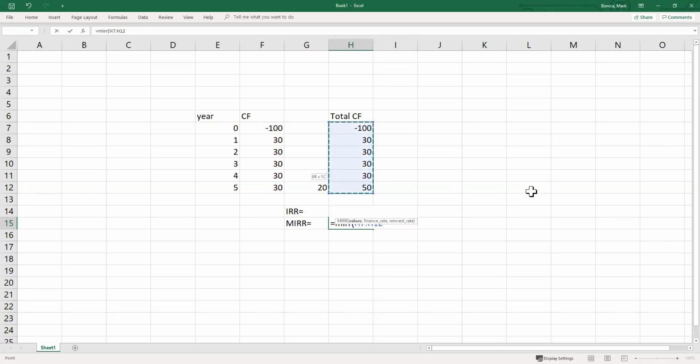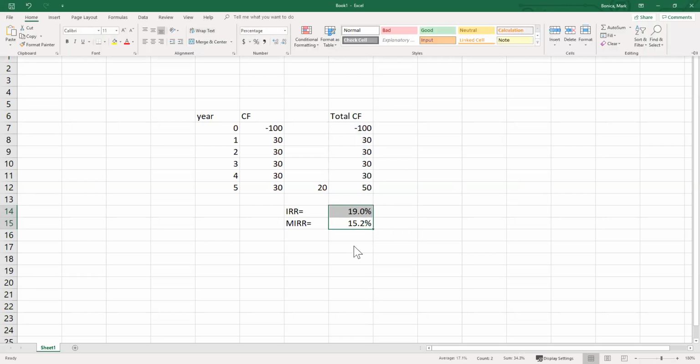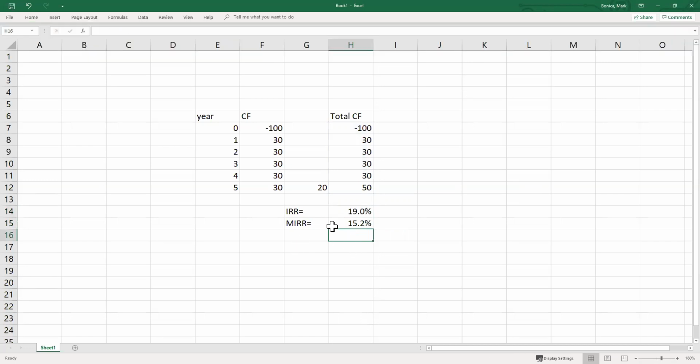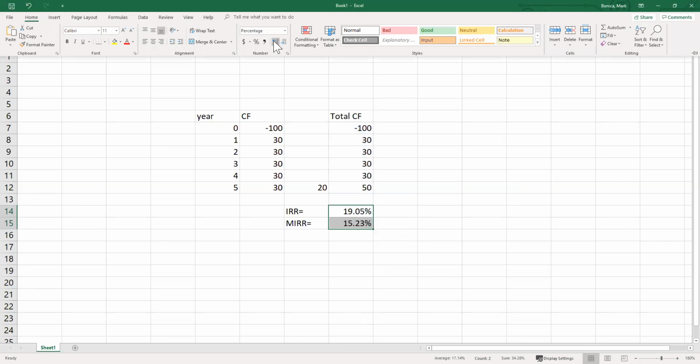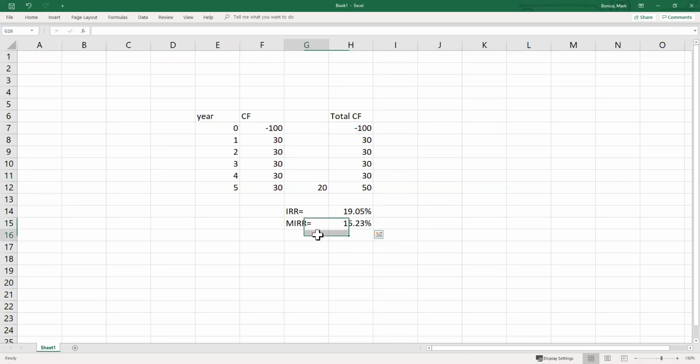Then it wants the financing rate, which is 0.1, 10%. And then it wants the reinvestment rate, which is also 10%. So we got 15%. We can get a little more granularity on this. So that gets us, well, what did I say? I said 19.04 for the, so 19.05. Okay, so there's our first two answers.